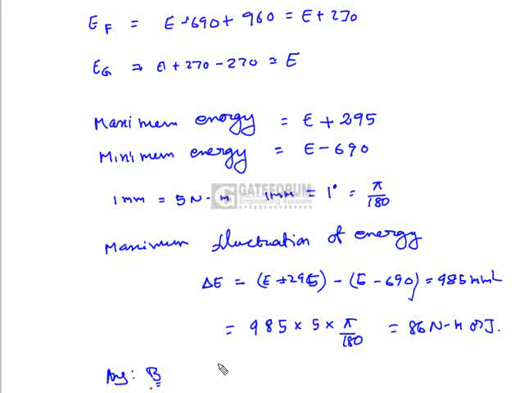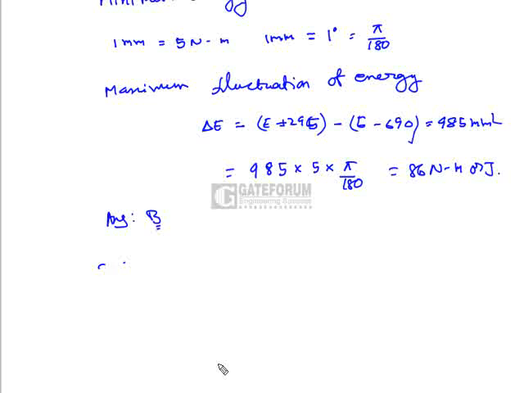Second question, that is coefficient of fluctuation of speed. Here the coefficient of fluctuation of speed Cs is given by delta E by I omega square, where I is equal to m k square, because I is the mass moment of inertia.